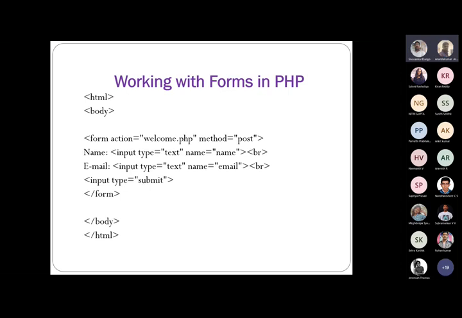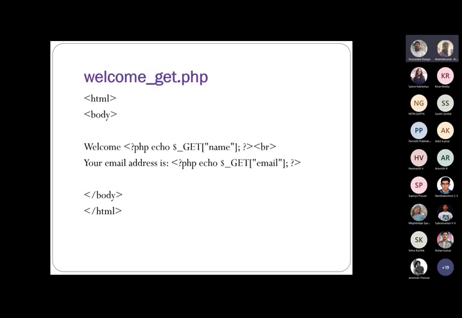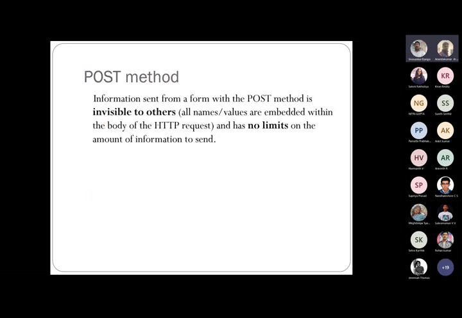You can create your own buttons, input type equal to submit, to send the information to a particular scripting language file, like welcome.php. And on the server side, you can use the get method or post method to print the value of the form elements. So you know the difference between get method and post method.